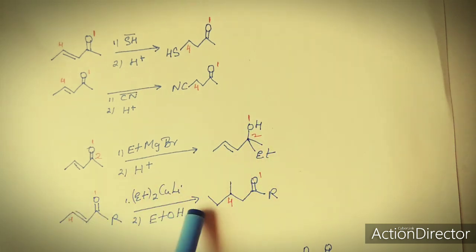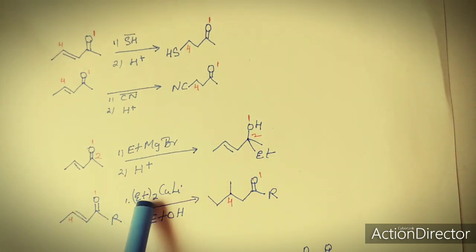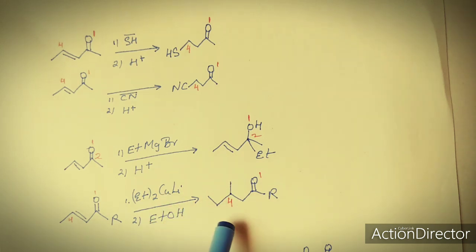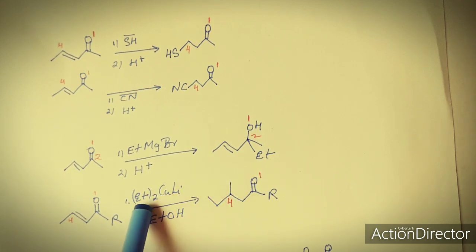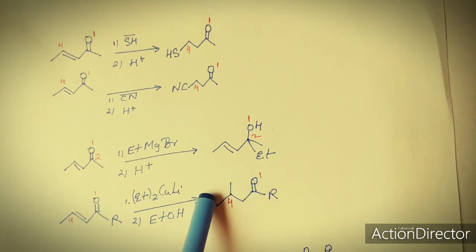As I have been saying, the exceptions are organocuprates, where this C2H5 group will attack at the 4th position. So we will be getting a 1,4. Now this 1,4 addition is also called the Michael addition or the Michael reaction.